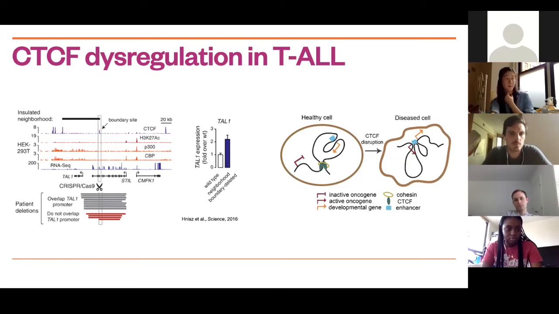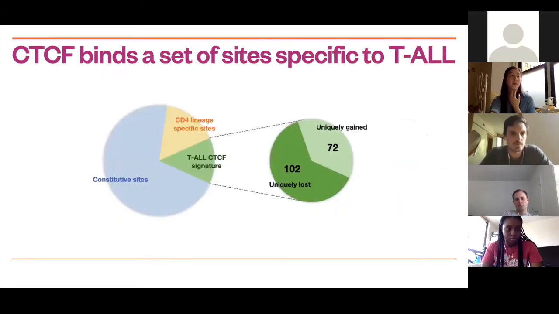So seeing this data that came out in 2016, my lab and I thought that there's a lot of CTCF sites in the genome, and we think there are probably a lot more of these types of CTCF sites hanging out there.